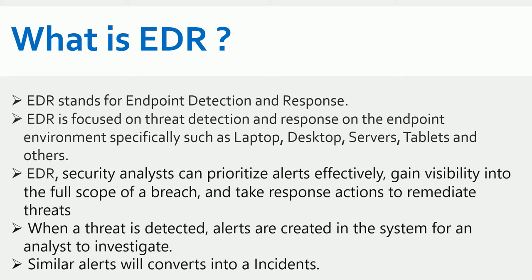Similar alerts will convert into incidents, when we have similar alerts from many machines, or one machine is continuously sending similar alerts. For alerts and incidents, I will be covering them in depth in a coming video, to understand how alerts are generated, how to fix them, and about incidents as well.